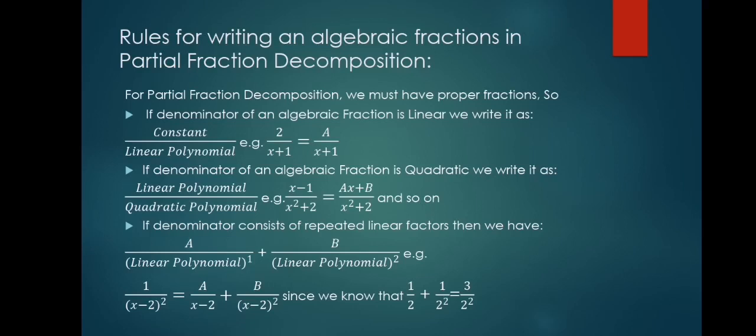Since we know that 1 by 2 plus 1 by 2 whole square is equal to 3 by 2 square, here the LCM of the denominators is 2 square. In the denominators of both fractions we have 2 and 2 square, but since we consider the LCM of the denominators, it will be combinedly considered as 2 square. So we may have the possibility of the denominator of a fraction to be power 1 and then power 2 as well.